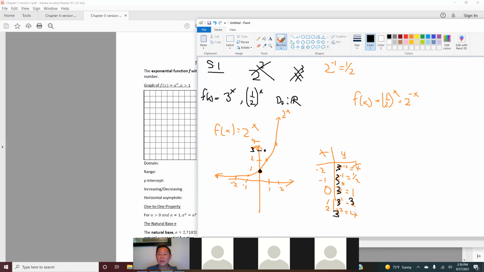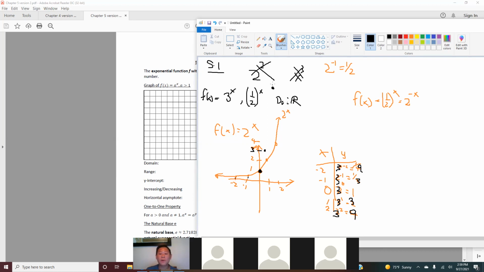And when you square, this is 9. So 9 is way up here, this is 4, so go up there. When you do the negative, this is 1/3. So 1/3 is a little bit lower than a half. And then this one is 1/9, because 3 squared is 9. So it's 1/9, which is even lower.